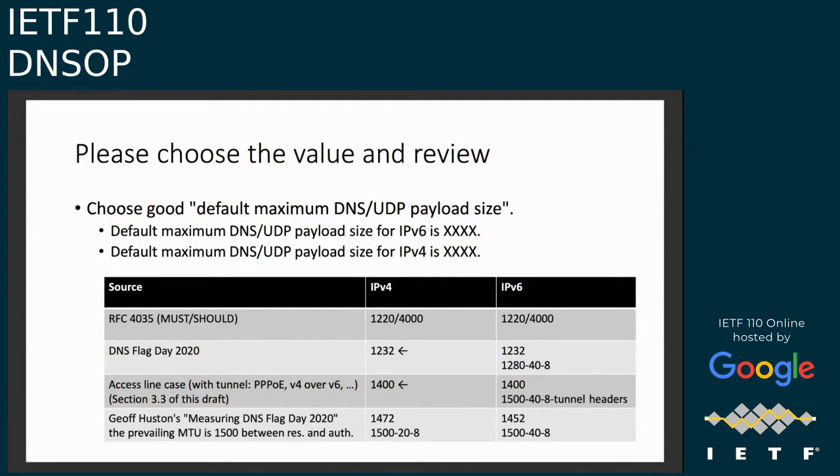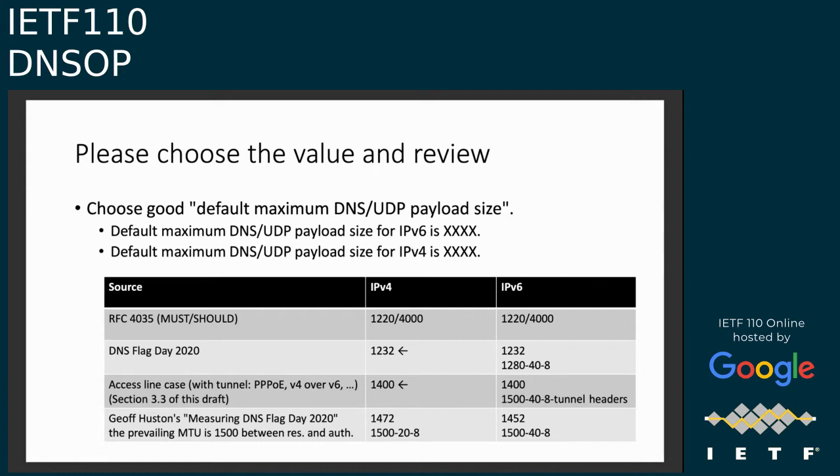Please choose the value and review. Please choose a good default maximum DNS UDP payload size. Currently, there are 4 candidates. RFC 4035 specified 1220 as the minimal value, and DNS flag day 2020 proposed 1232.